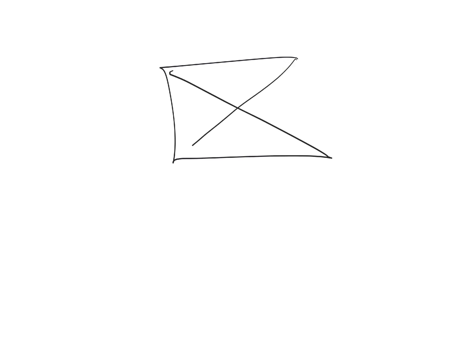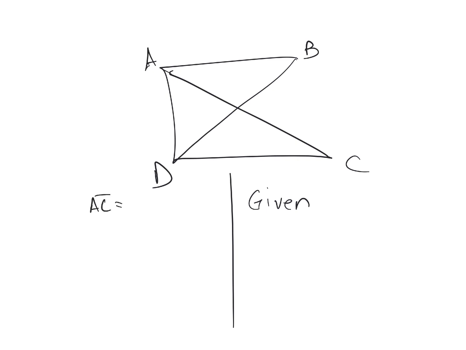All right, let's do this one. Draw the picture. It overlaps like that. All right, the given. Nothing's marked in the picture, so you're going to have to mark it. AC is congruent to BD.